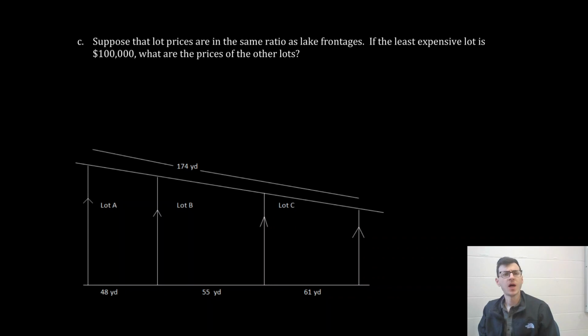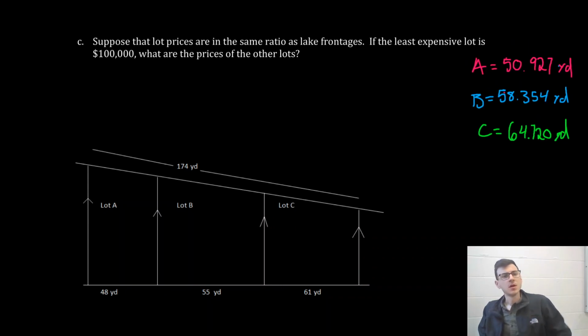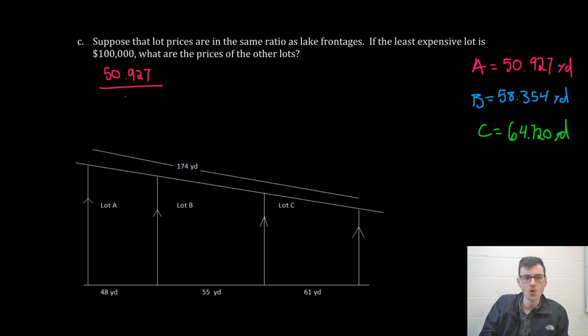Okay, suppose the lot prices are in the same ratio as lake frontages. If the least expensive lot, which is A, is $100,000, what are the prices of the other lots? So we have 50.927 over 100,000.